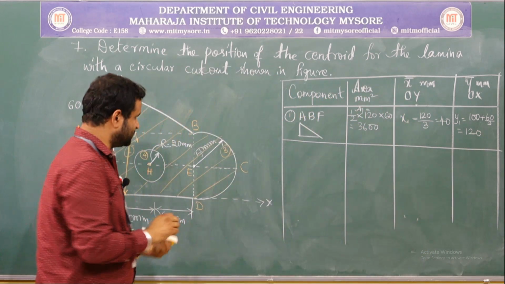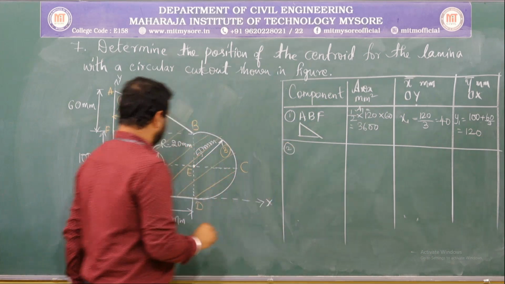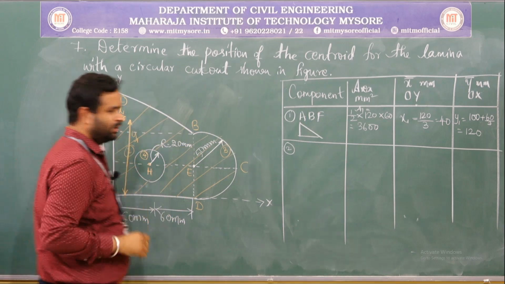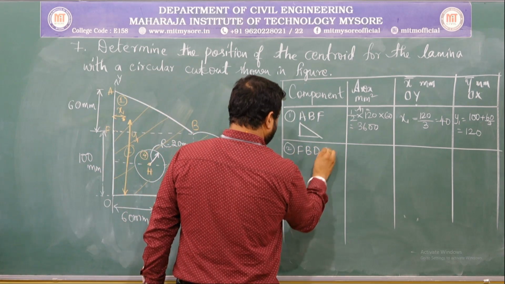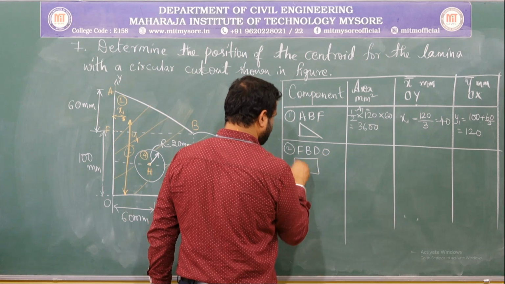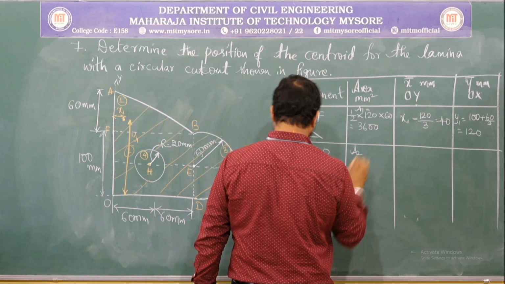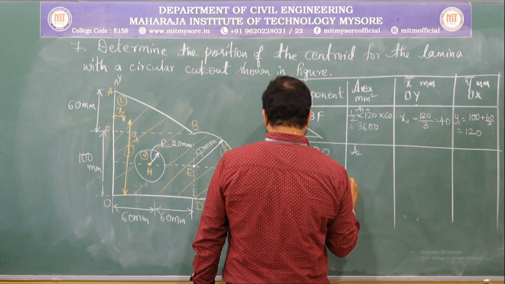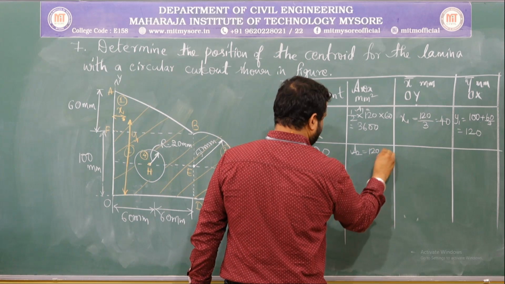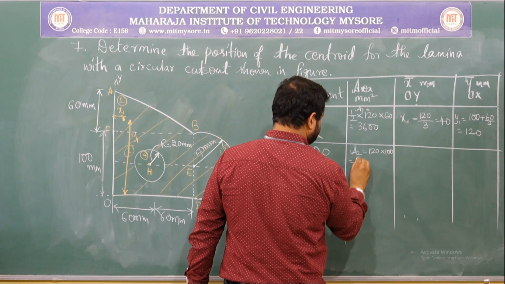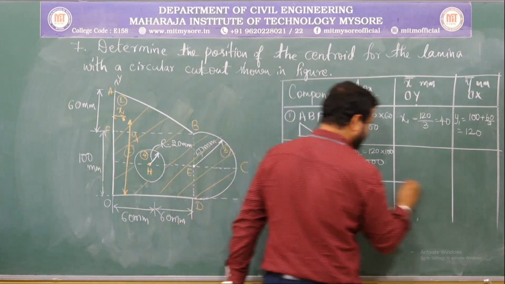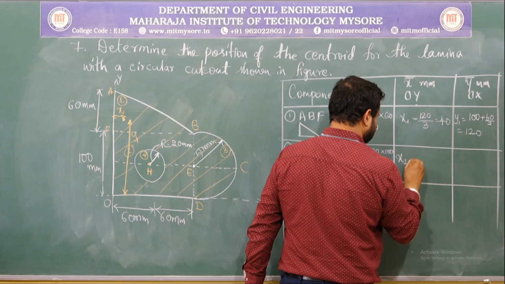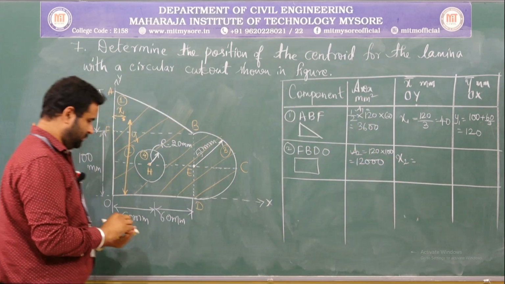Y1 is over. Second component is the rectangular component FBDO, and its area is A2, which is 120 by 100, which is equal to 12,000 mm square, and its x2 is given by.